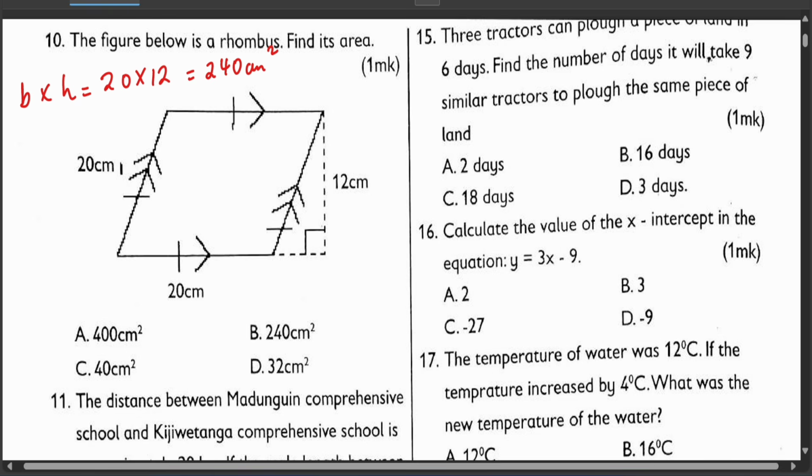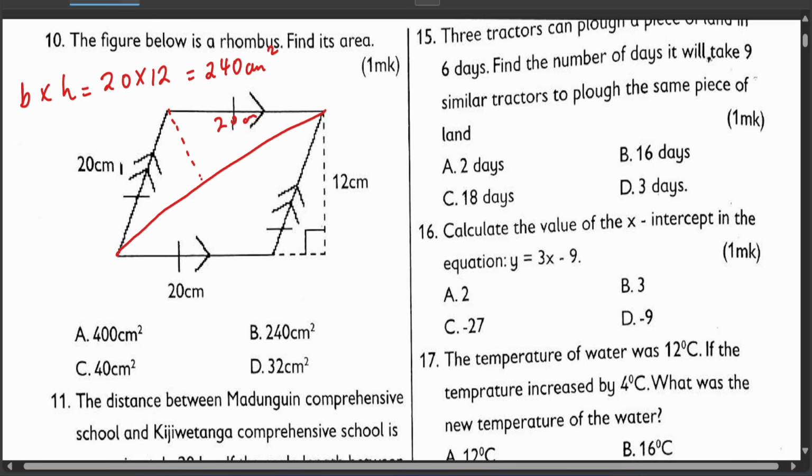But can we find a diagonal from there? I'm not sure. I don't think so. Even if waweza pata. So let's try. So hapa ni 20, hapa ni 20. Sorry. Hapa ni 20 if I'm not wrong. So alafu kati hapa.